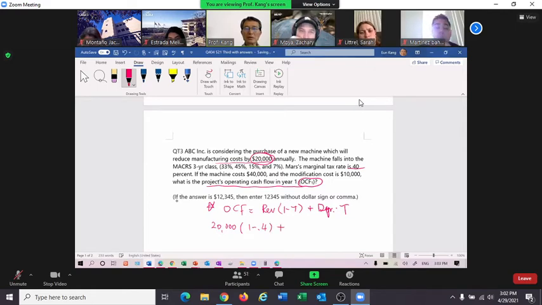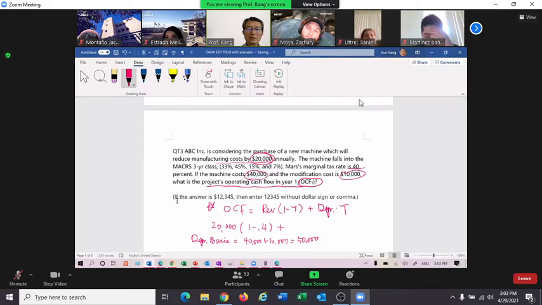Plus depreciation. What is depreciation? Machine cost 40,000, modification 10,000. So the depreciable basis is $40,000 plus 10,000. That is 50,000, right?